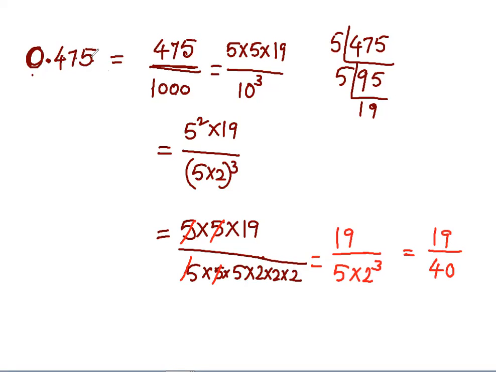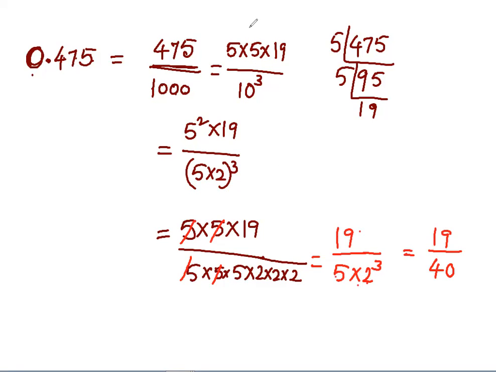This is the p by q form of 0.475, 19 by 40. Or the decimal form of 19 by 40 is 0.475. So if we write the prime factorization of numerator and denominator, we get 19 by 5 into 2 power 3.